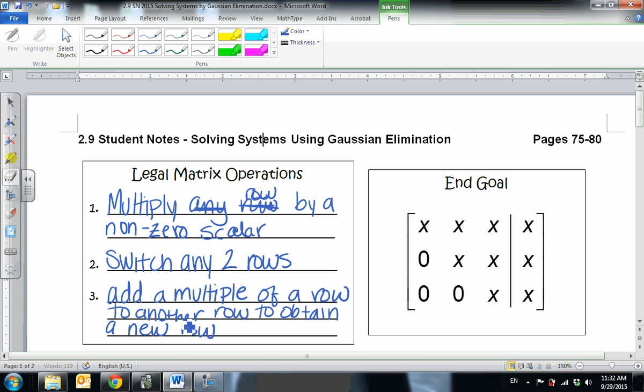So rule 3 is what we were doing yesterday. We were adding row 1 plus 2 row 2, and we replaced row 1 with that. Okay, that's like what your homework was yesterday. You were doing stuff like number 3.